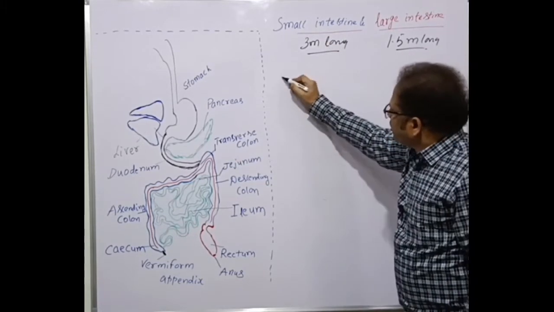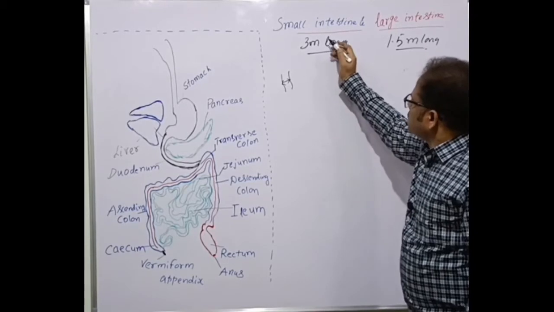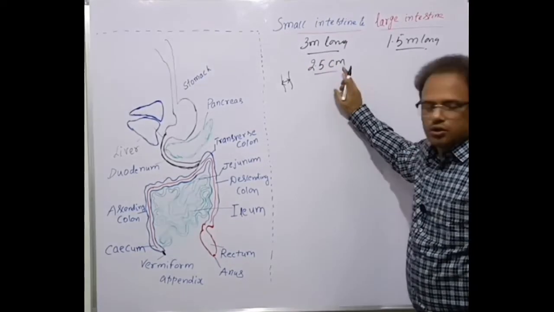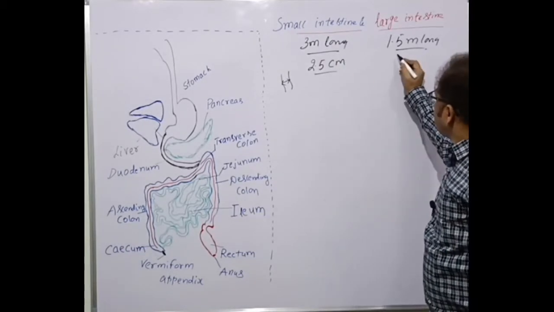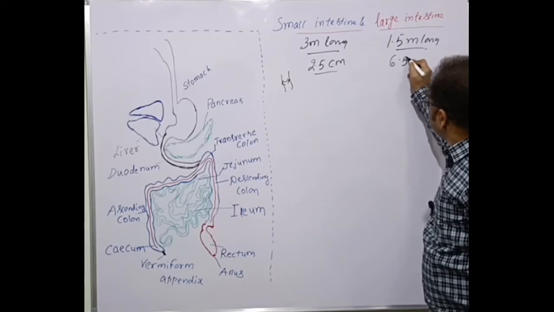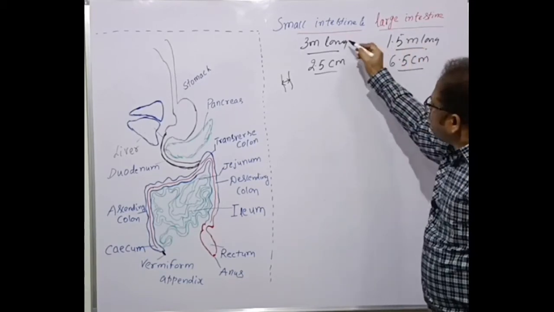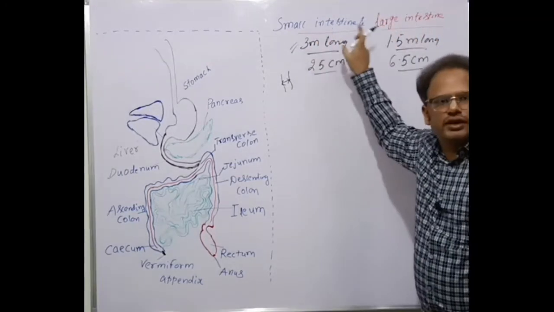And the diameter, for example, this is the diameter, the thickness. This is just 2.5 centimeters, not meters, don't say meters here, okay? So 2.5 centimeters, and this is as long as 6.5 centimeters. So from the length point of view, the large intestine is shorter, just half of the small intestine length.